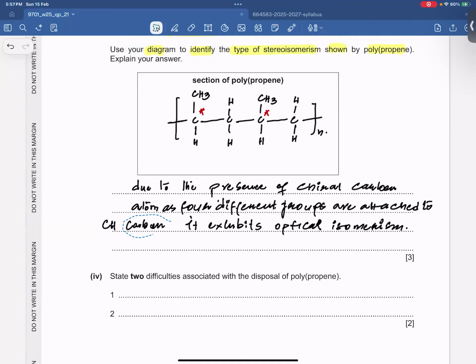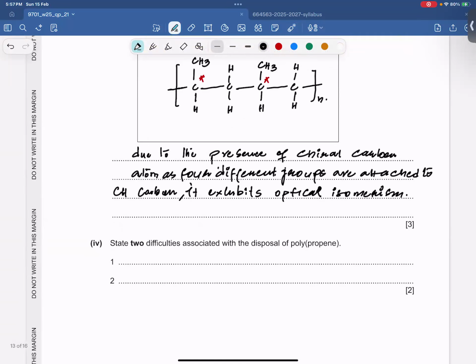Okay. By the way, this carbon is also called methylated carbon. So you can write that four different groups are attached to the methylated carbon, which is why it exhibits stereoisomerism.